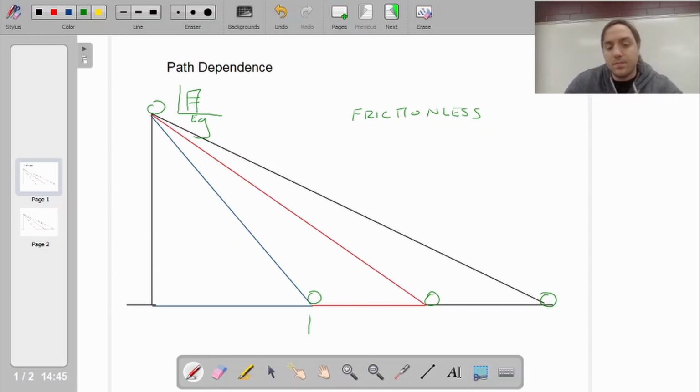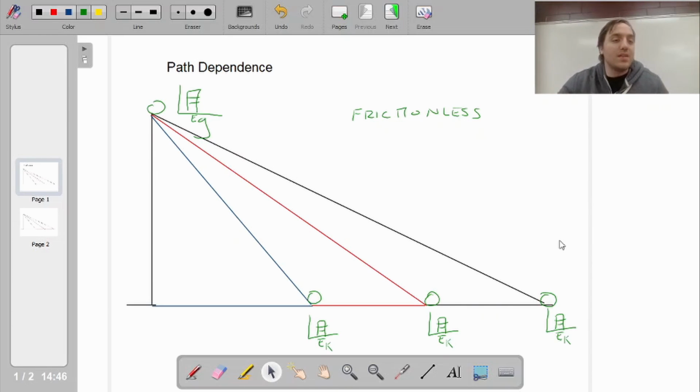But at the bottom, the amount of kinetic energy would be the same because the height change is all the same. Without friction, the gravitational potential energy completely converts to kinetic energy.